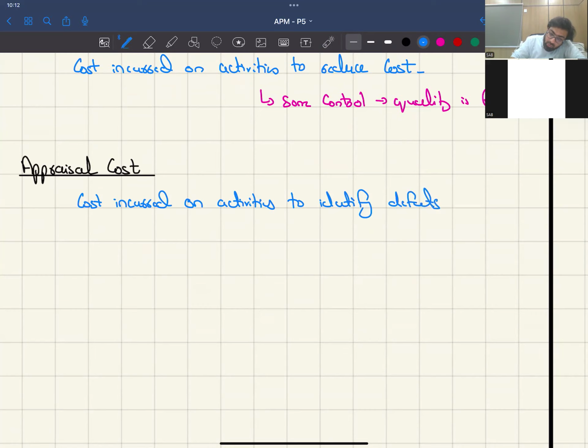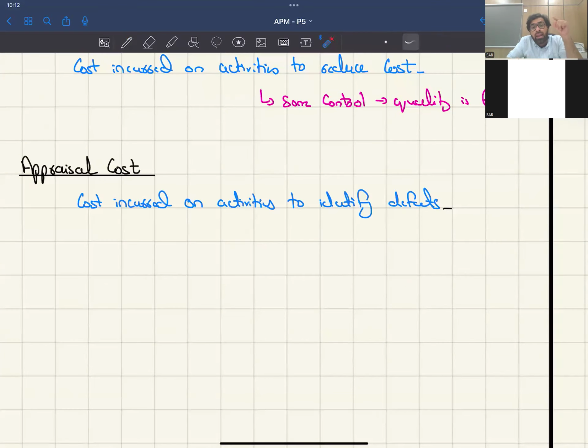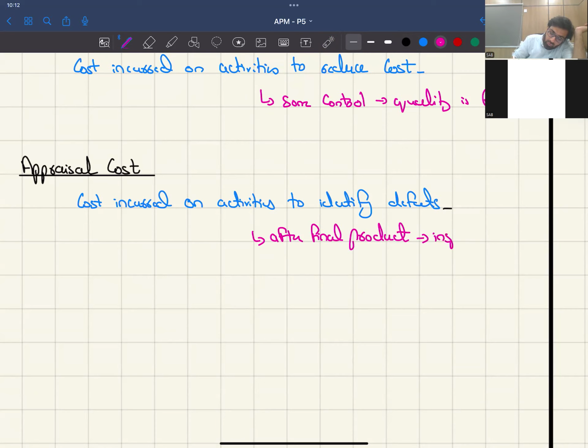Once your final product is ready, you do the inspection. Now, that inspection is your appraisal cost, right? You cannot just deliver the complete product to the customer without inspecting it.